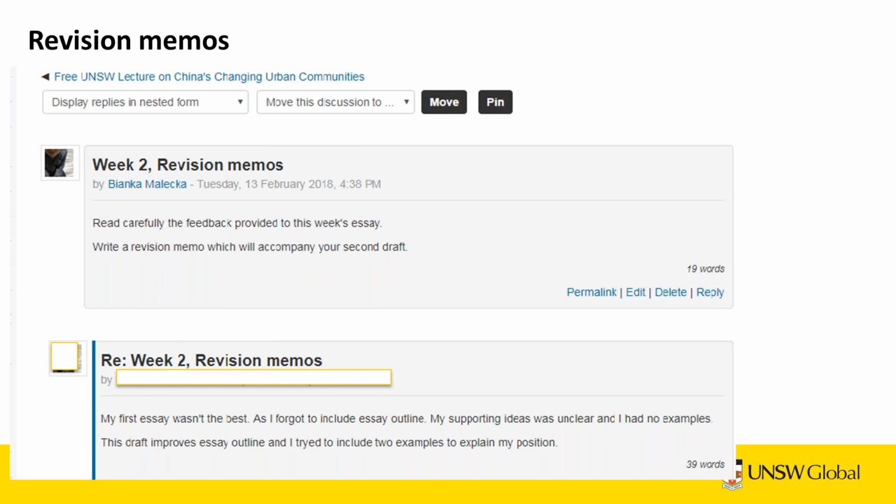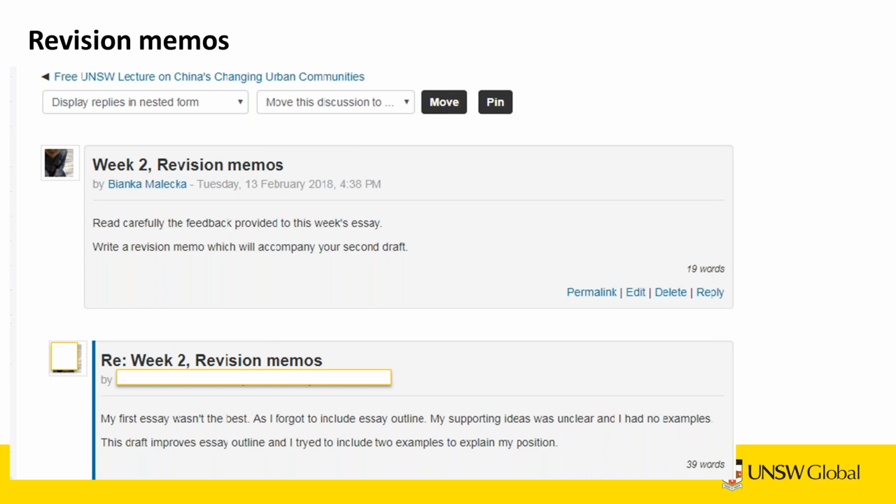They can be very simple, as you can see here in the example. So one or two sentences. The student here says, my first essay wasn't the best as I forgot to include essay outline. My supporting ideas was unclear and I had no examples. This draft improves essay outline and I tried to include 2 examples to explain my position.